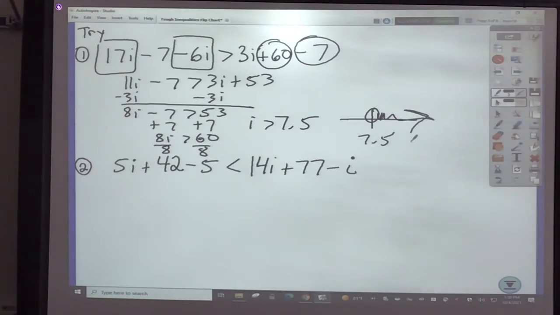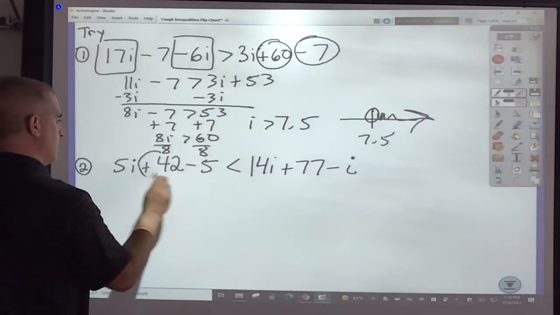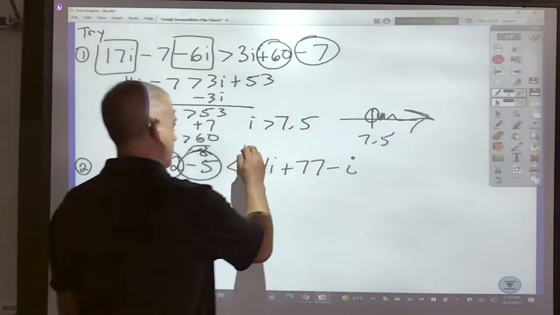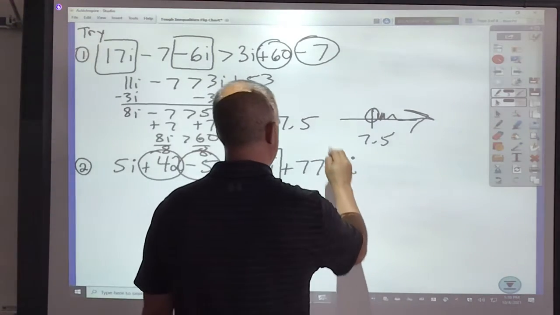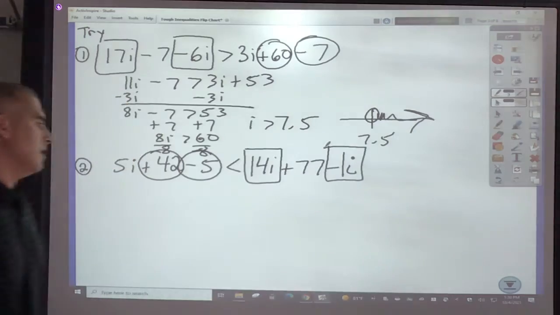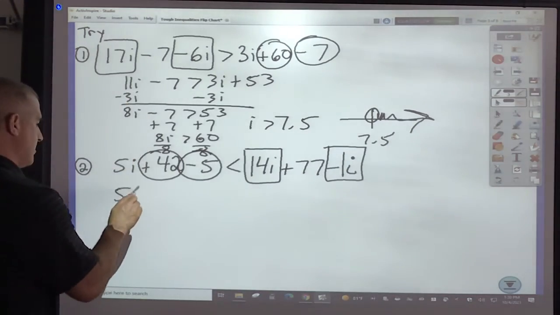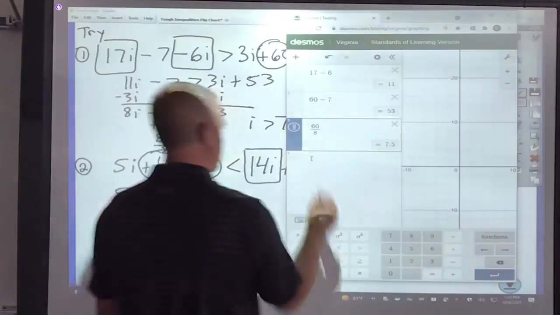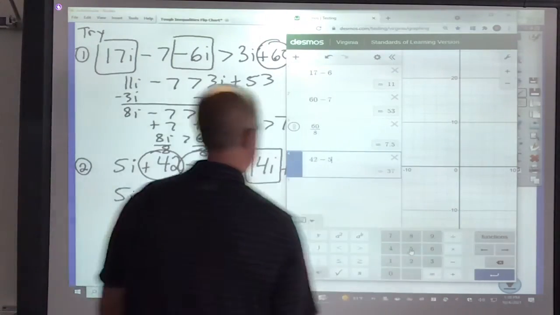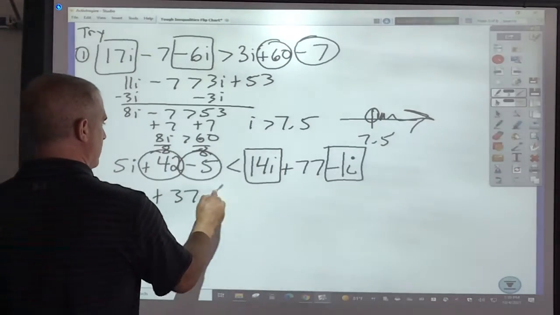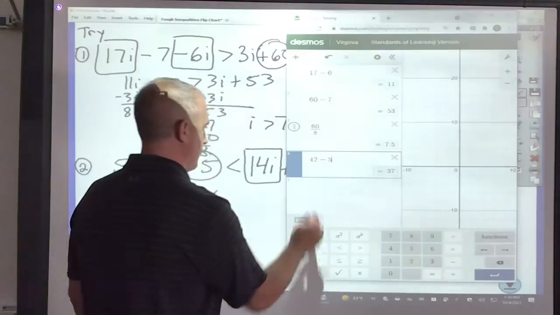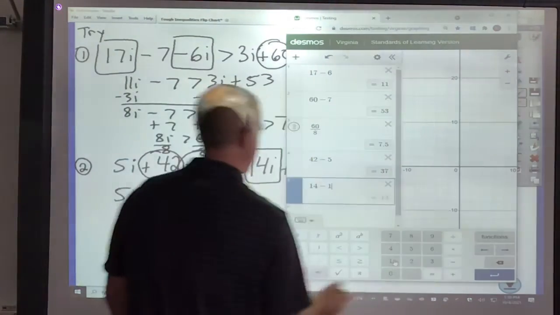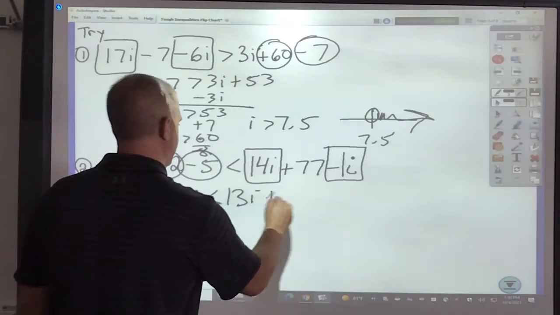Okay? All right, like terms here are this and this, this and negative 1. So I'm going to have 5i. I got 42 minus 5 is 37, less than 14 minus 1 is 13i plus 77.